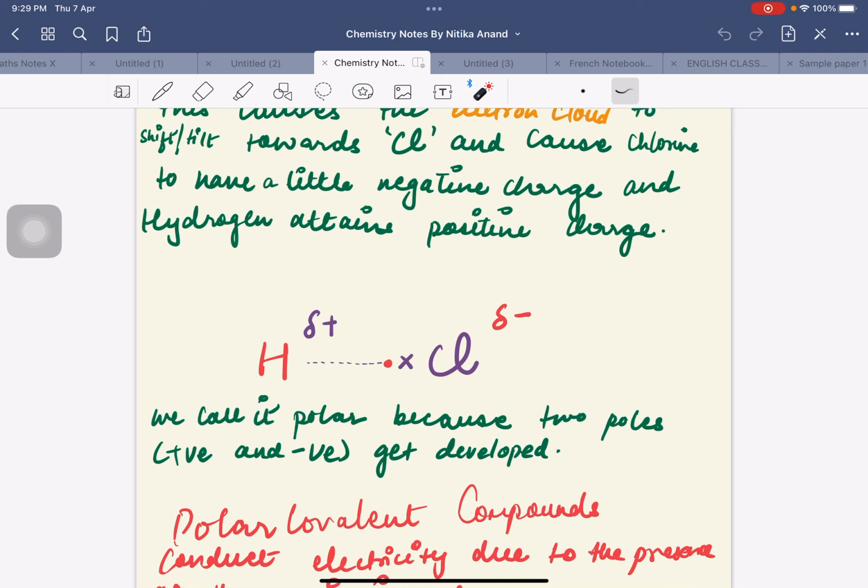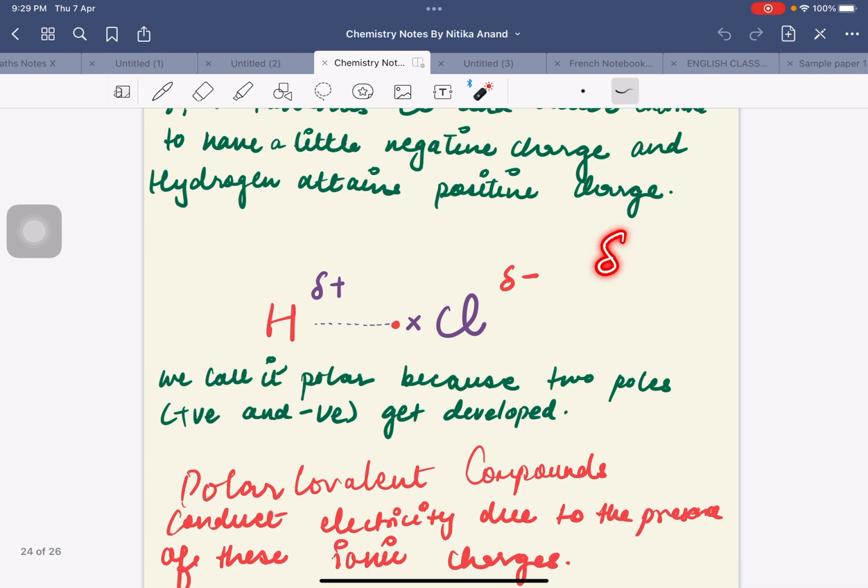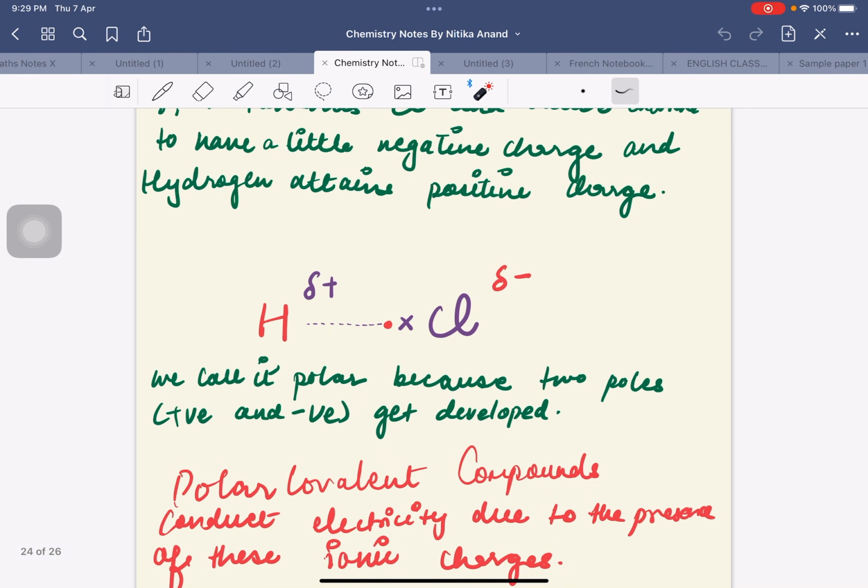It is not a totally negative charge, it's a little negative charge. So we represent it using delta. Delta negative means chlorine is not totally negative. It just has a little negative charge. So we use delta negative, where delta represents a little charge.